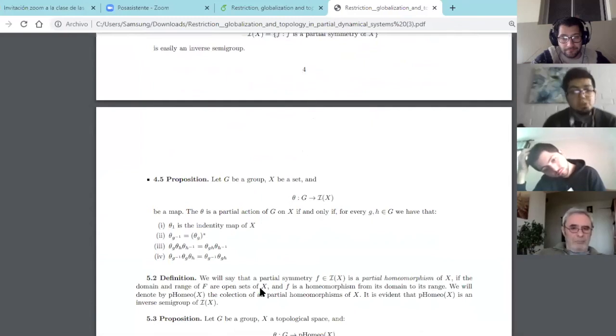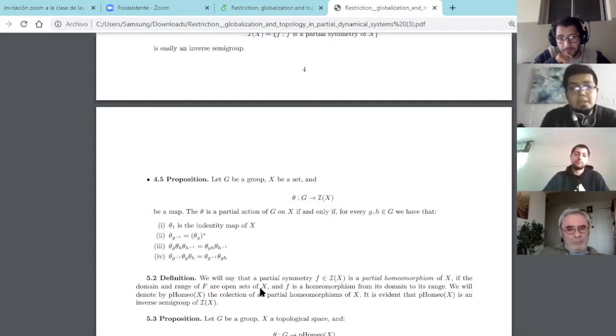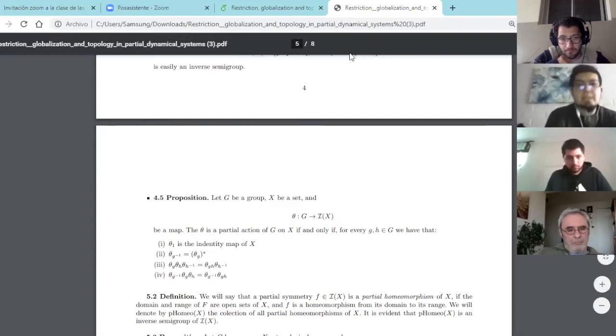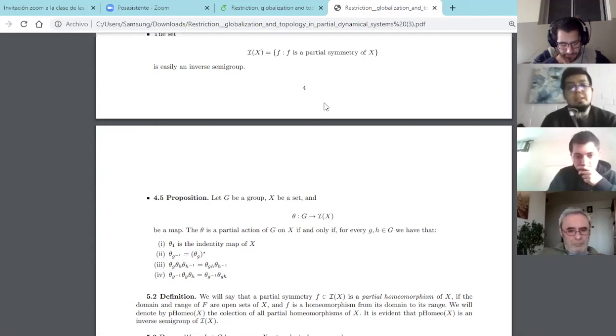And this proposition says that given a group and a set, if we have a map from G to this partial symmetries semigroup, this will define a partial action if and only if we have these conditions, which are exactly the characterizations that we established for a partial action, right?